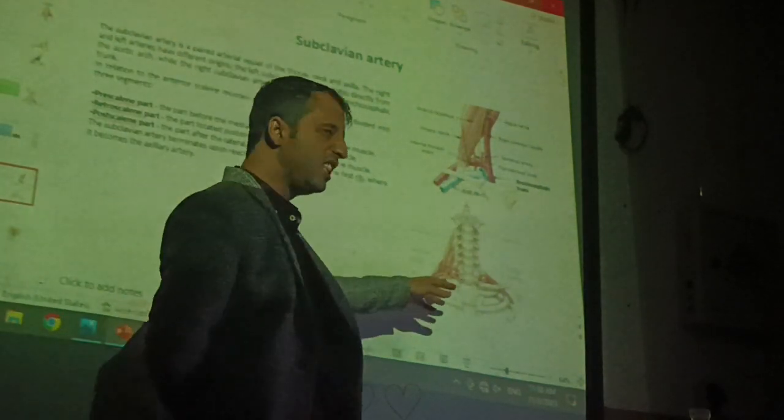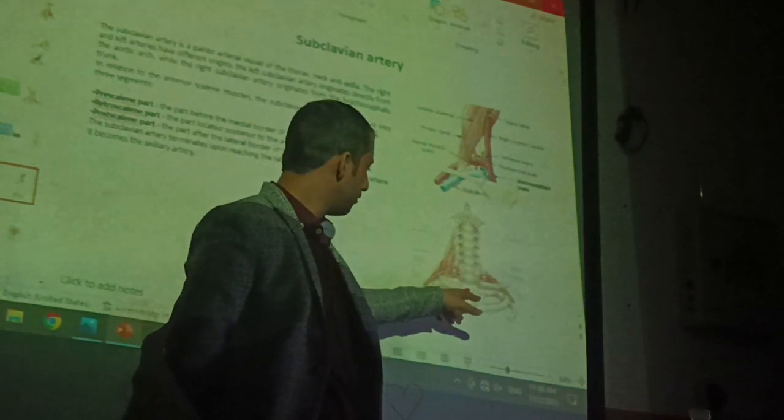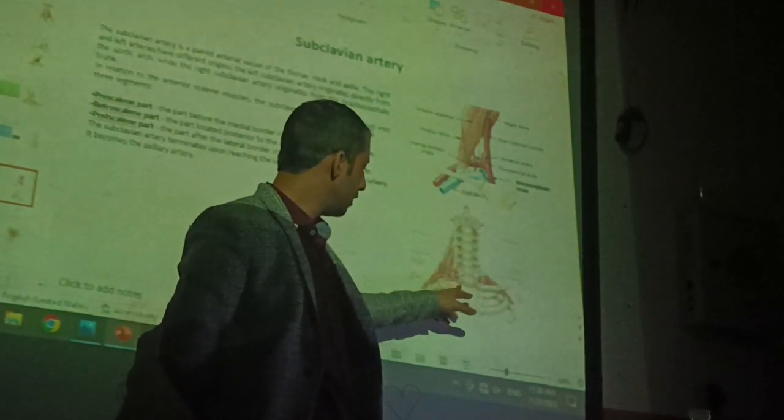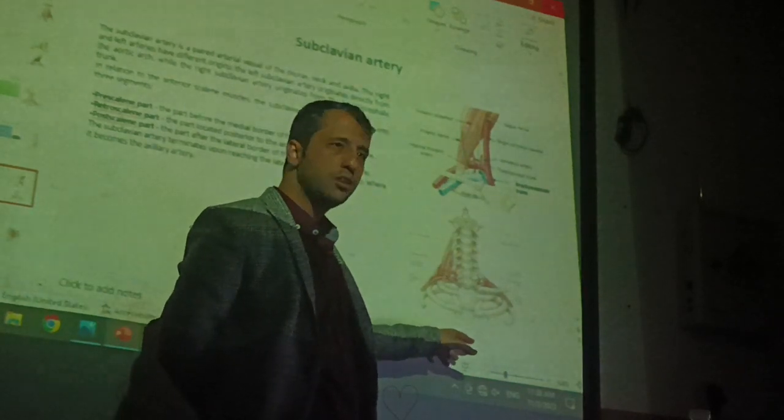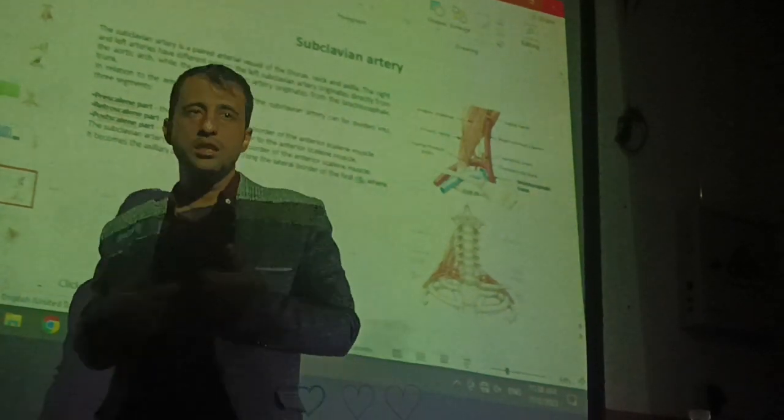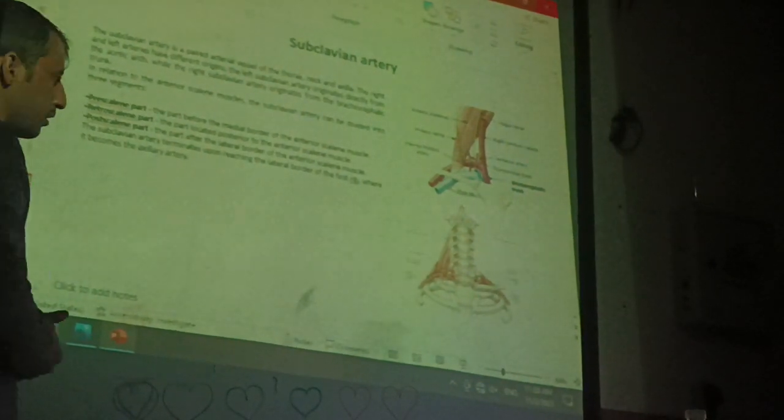Internal thoracic, yes. The internal thoracic artery travels near the phrenic nerve, posterior to the costal cartilages, until it arrives at the sixth intercostal space. In the sixth intercostal space it is divided into two branches. Which branches? Superior epigastric and musculophrenic artery. Okay?